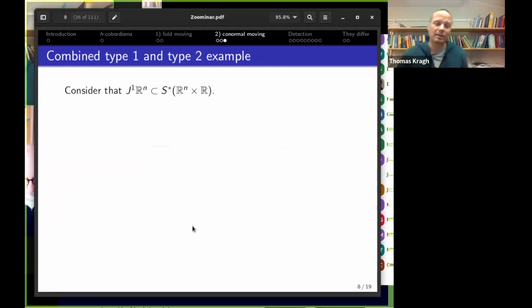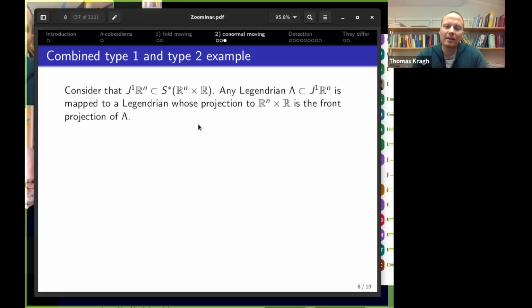Now there's a combined example of these two, which is interesting for the last thing, where I want to argue, if I get there, that they're actually different. So if I consider the jet 1 bundle of Rn, this is a subcontact manifold inside the unit conormal of Rn cross R. And any Legendrian inside this jet bundle is mapped to a Legendrian whose projection to Rn cross R is in fact the front projection of this lambda.